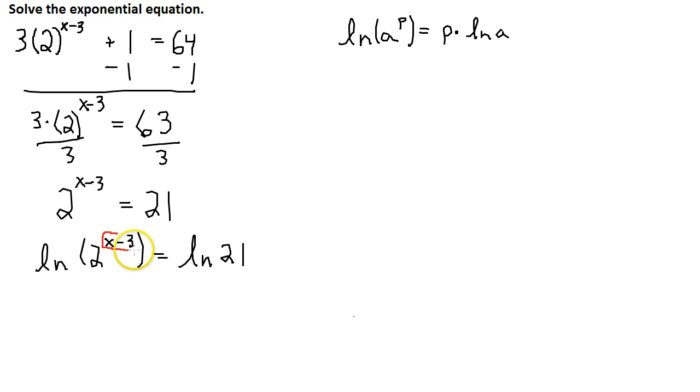It is the p in the formula. When we do that, because it's multi-termed, we'll use parentheses: the quantity x minus 3, times the natural log of 2 is equal to the natural log of 21.